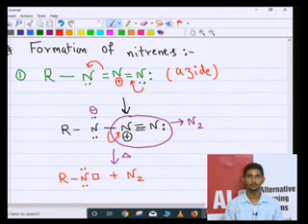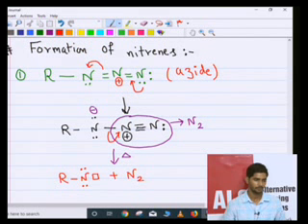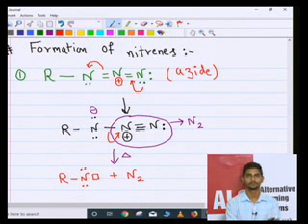Guys, tell me, are you clear with method number one of formation of the nitrenes? Any doubt regarding any step in the formation of nitrenes? Guys, note it down. Have you noted it?